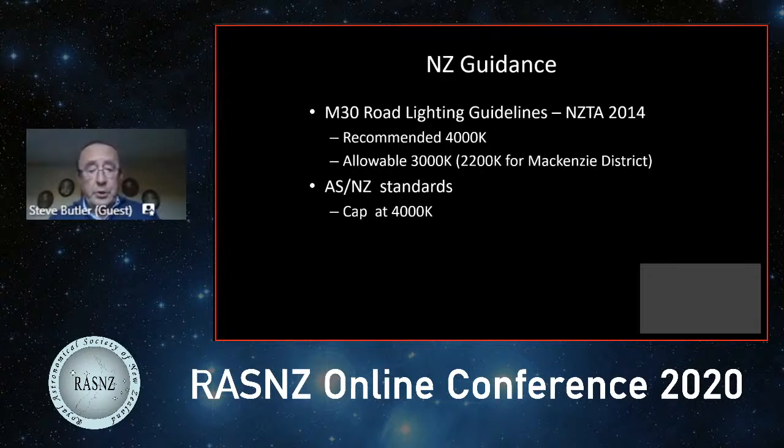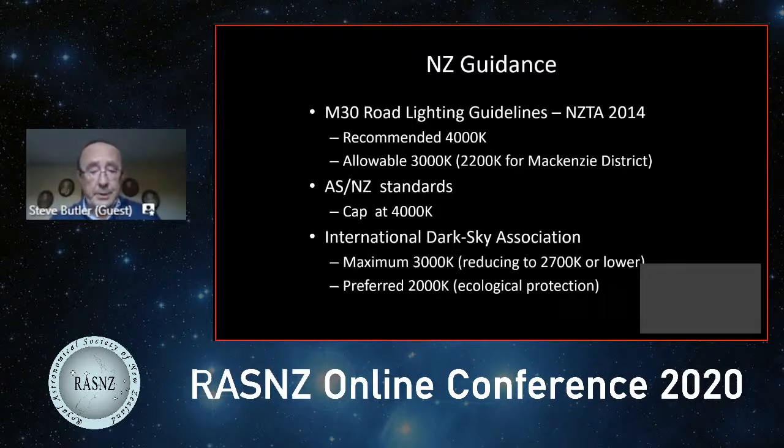The Australian New Zealand standards provide an upper limit of 4,000 degrees Kelvin, as opposed to the recommended level for NZTA. And there's the Dark Sky Association. They will only allow a maximum of 3,000 Kelvin in the dark sky area, and they prefer way down at 2,000 Kelvin for ecological protection.